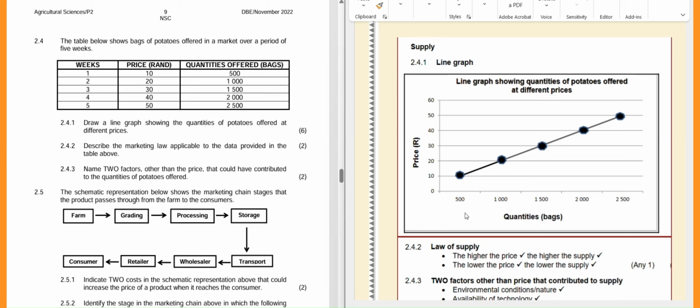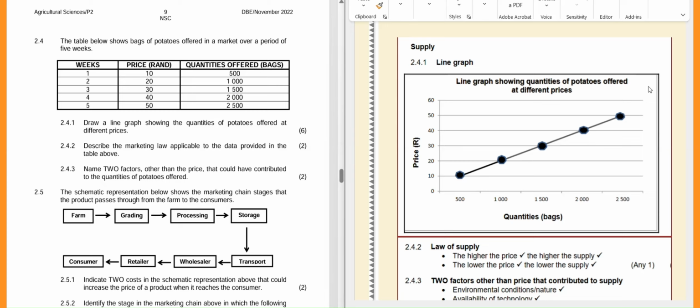But with the demand curve, we expect it to start from the left going to the right, but it goes downward. That will be for the demand curve. But here we are dealing with the supply curve that goes from the left to the right, upward.